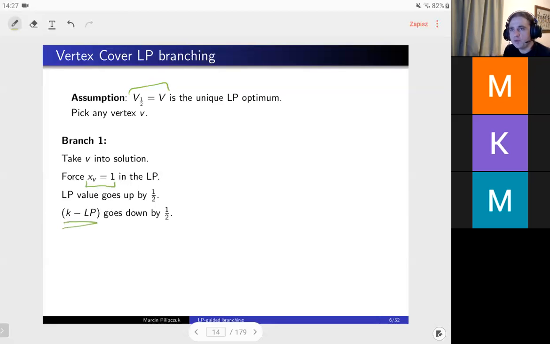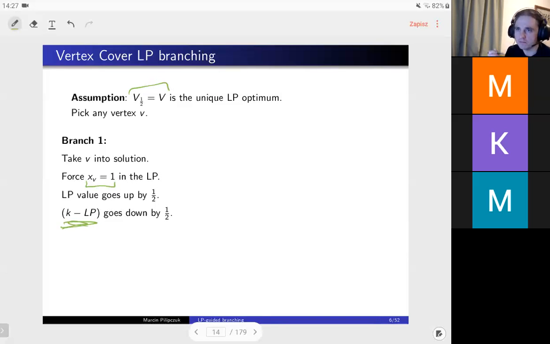You can look at the parameter of the slack, how much extra you can pay for an integral solution on top of the LP lower bound. The observation is that this difference goes down by half in this branch, because K stays the same and the LP goes up by half, and then you delete the vertex of value 1, so both LP and K decrease by 1. So the difference in the end decreases by half.